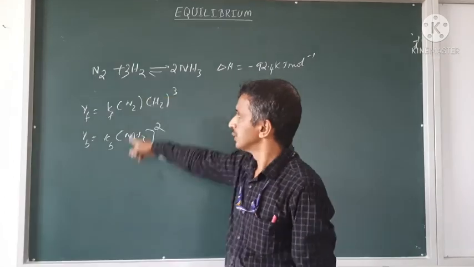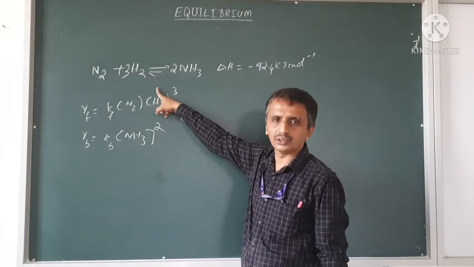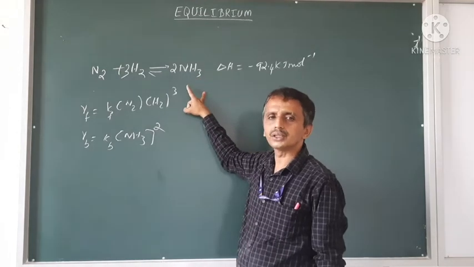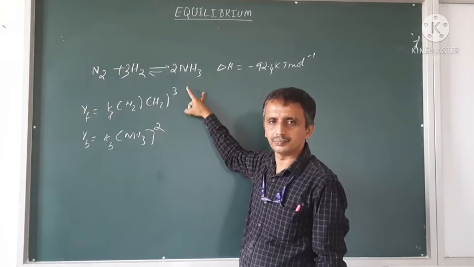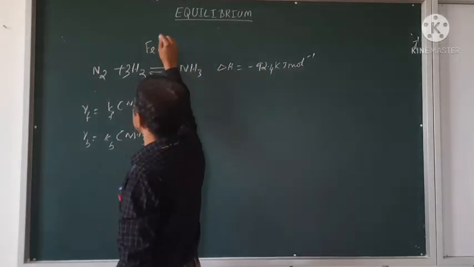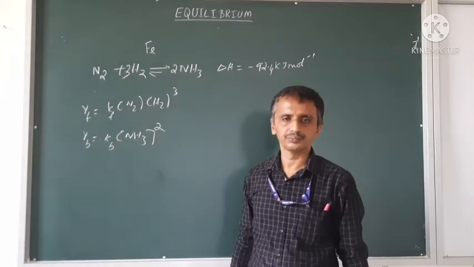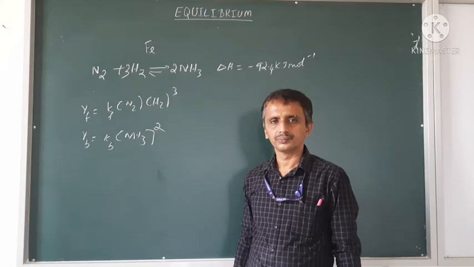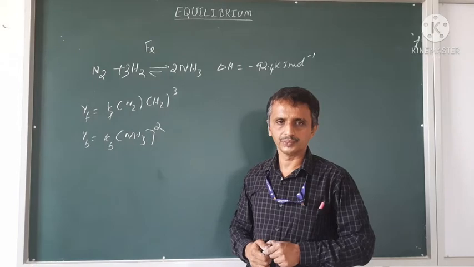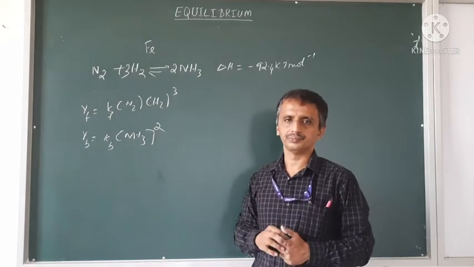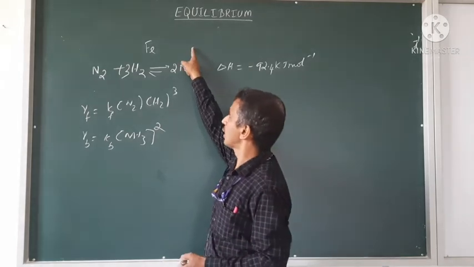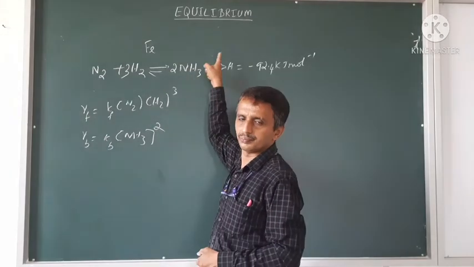So, in this reaction, if you do the reaction as such, the reaction rate is lesser. So you use an iron catalyst so that the reaction rate increases. And we are changing the temperature and pressure also, if I have to prepare ammonia.